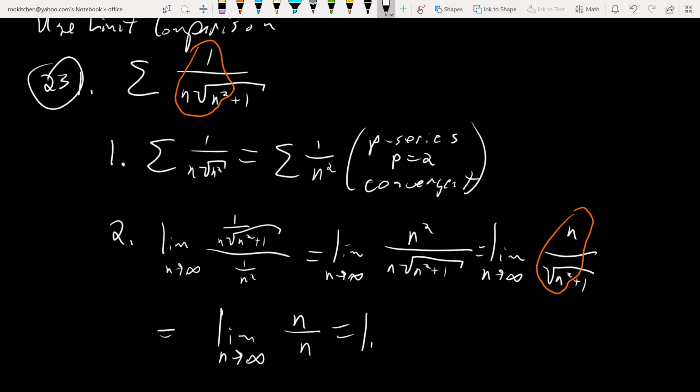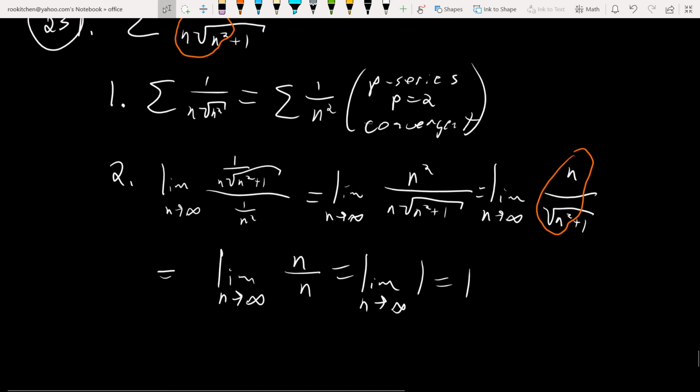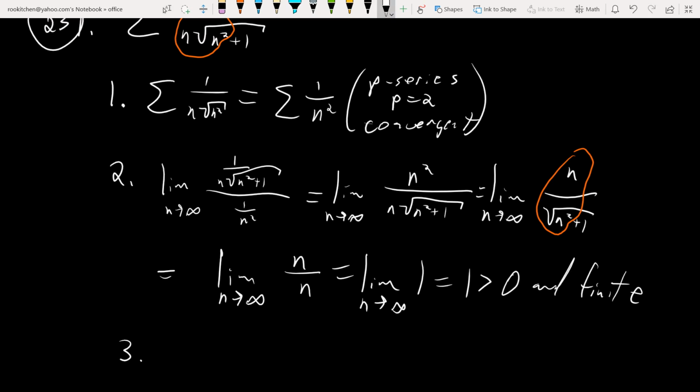In other words, that's just the limit of 1, and the limit of a constant is just the constant. Okay, so if this number is greater than 0 and finite, the two series have the same behavior. So thirdly, make your conclusion, and here both converge.